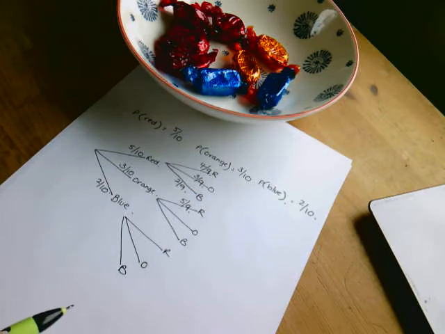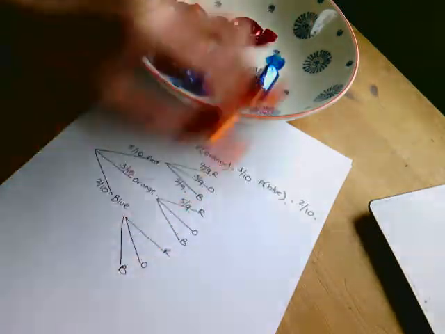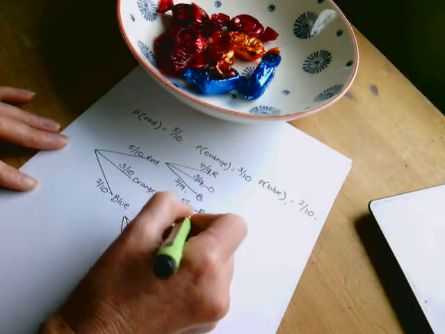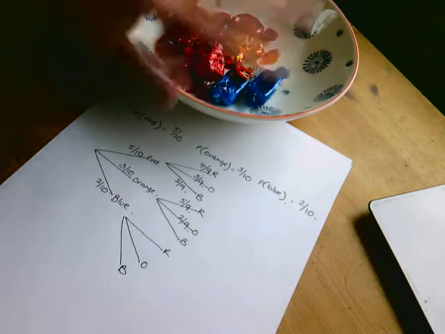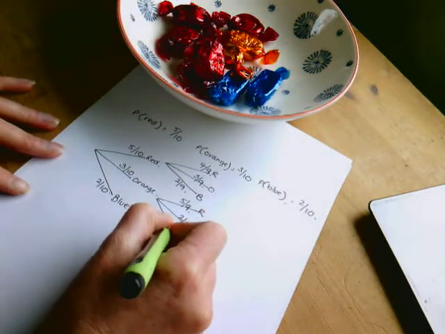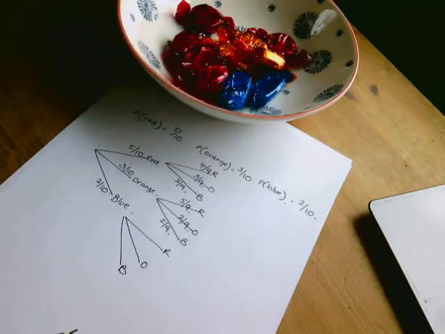Probability of the second one being orange, well there's only 2 oranges left in there now, so that's 2 out of 9, and the probability of blue, there's still 2 blue ones, 9 sweets, 2 out of 9.